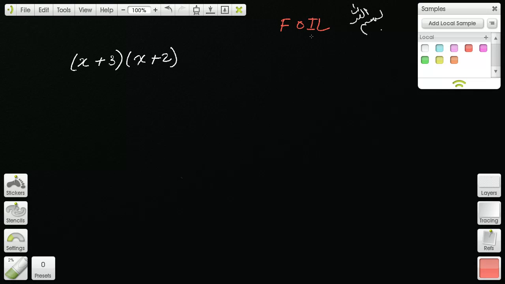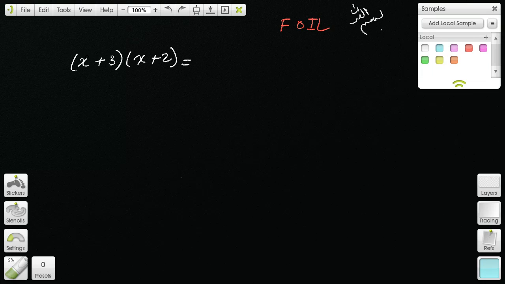And FOIL, as you recall, stands for first, outer, inner, and last. So it's just a trick of remembering when you multiply binomials.